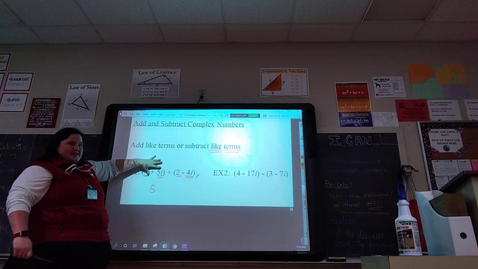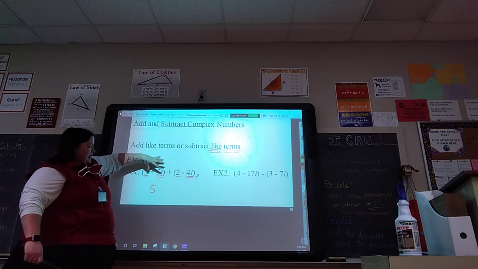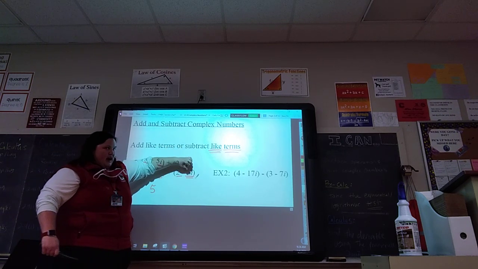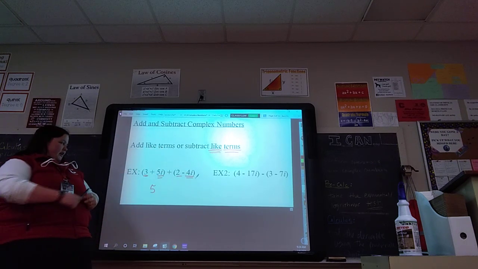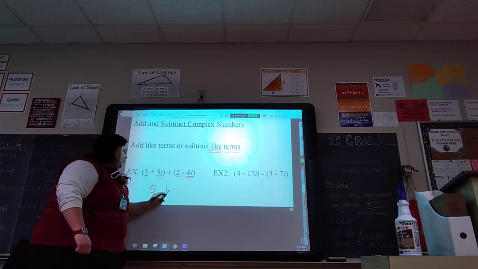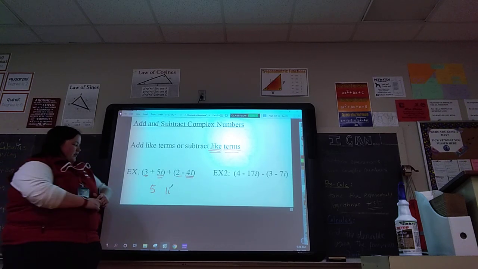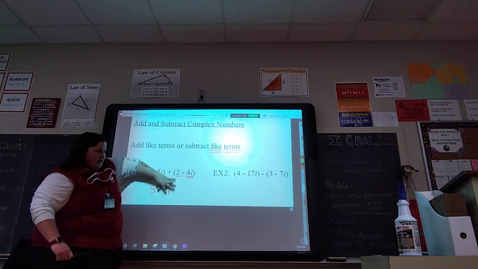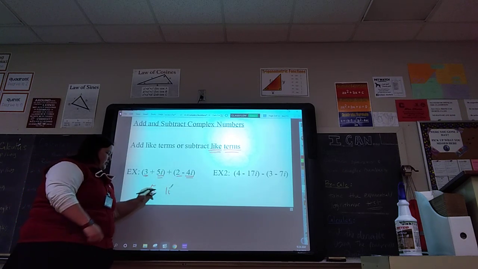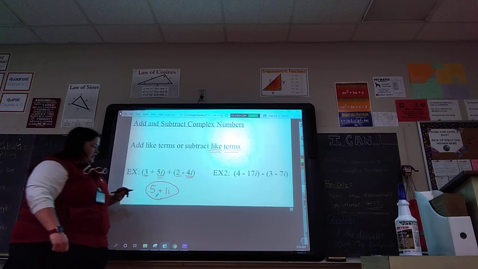This was positive 5i, negative 4i, so we add a positive 5i with a negative 4i. How many i's do we have? 1. Yep. So you could write 1i with it, just like before, since we have a variable there. If you don't want to write the 1, if you just want to write i, that's fine. And then since it's positive, we're just going to throw a plus sign in between, and there's our result.